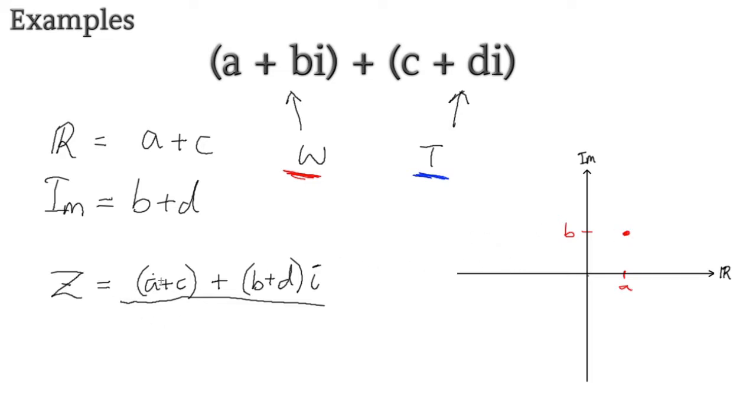And if I do c plus di with the blue one, let's say c is here and d is here, so I have c plus di. So we've got two points on the Argand diagram.